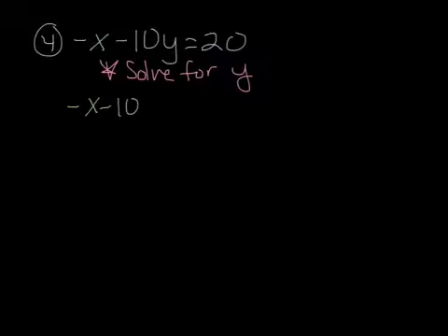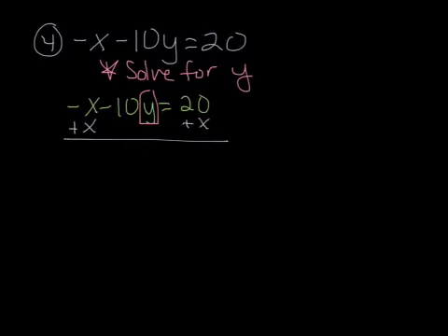Okay, so on this problem, our goal is to get this y by itself. First thing I'm going to do is I'm going to move over everything that's on the same side of the equal sign as that y. I'm going to start with the x. So I'm going to add x to both sides. That gives me negative 10y equals 20 plus x.